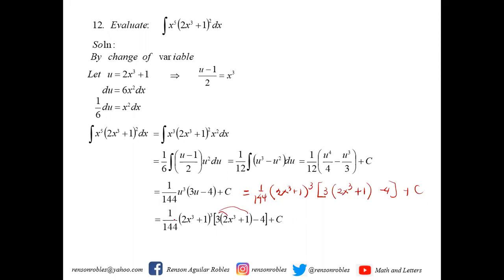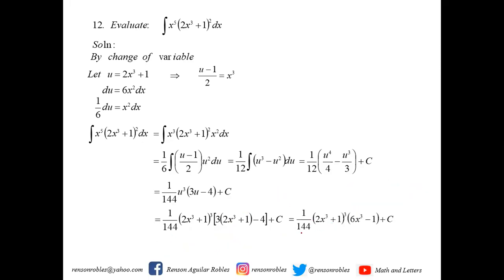So you have 1 over 144 times 2x cubed plus 1 to the third power, times 3 times 2x cubed is 6x cubed, 3 times 1 is 3, minus 4 is negative 1, and then you add c at the end. So that's 1 over 144 times the quantity 2x cubed plus 1 to the third power times 6x cubed minus 1 plus c.